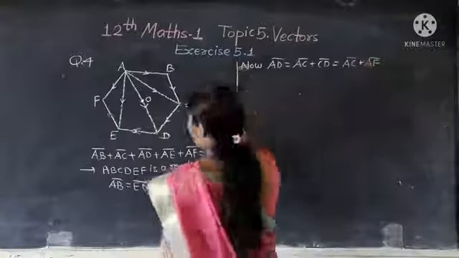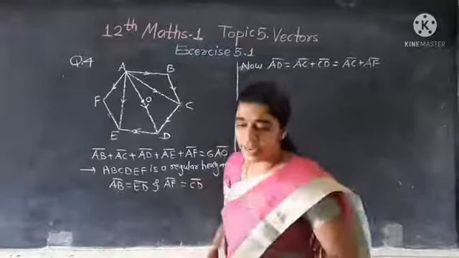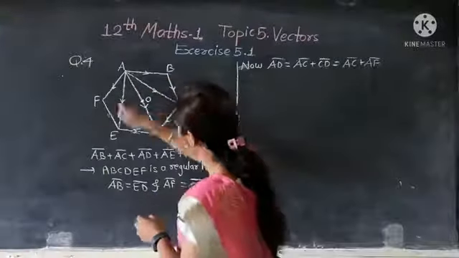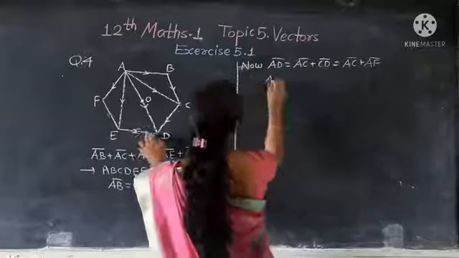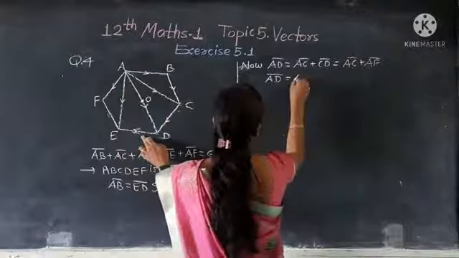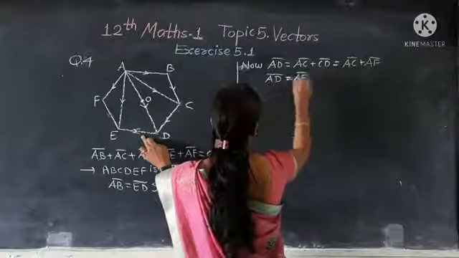And again you can write AD bar as AE bar plus ED bar. Also AD bar is equal to AE bar plus ED bar.